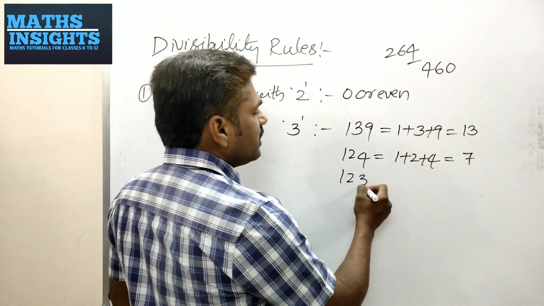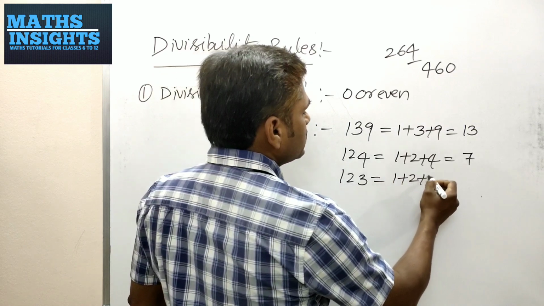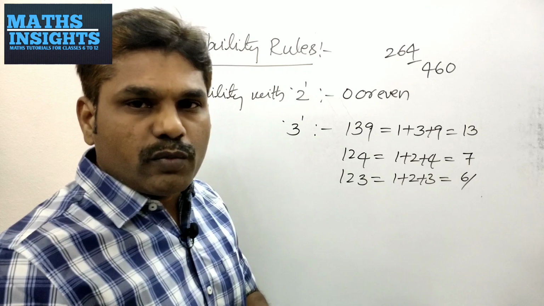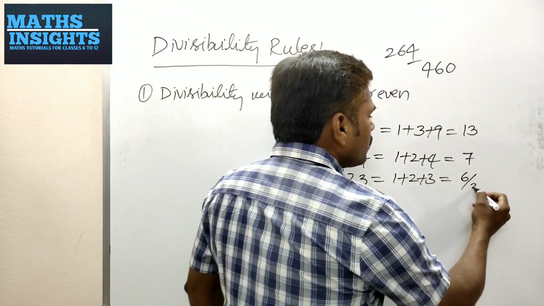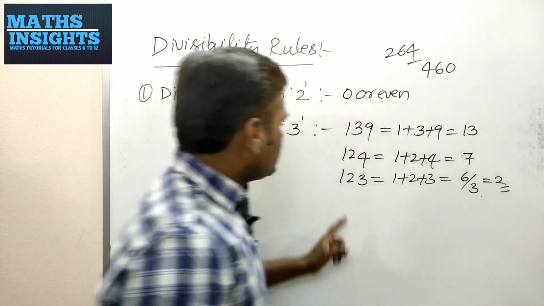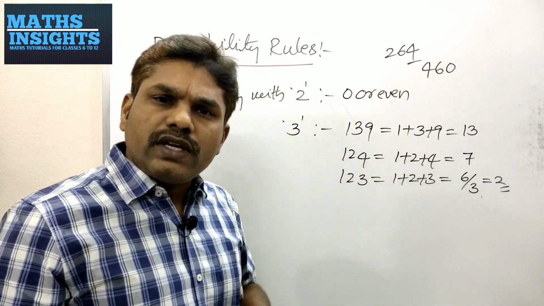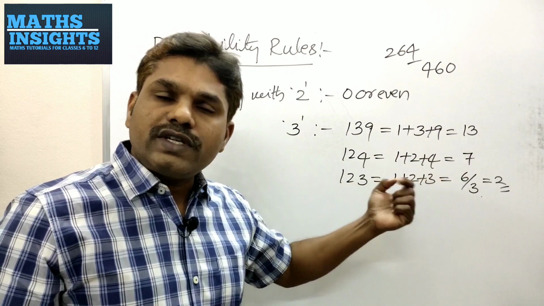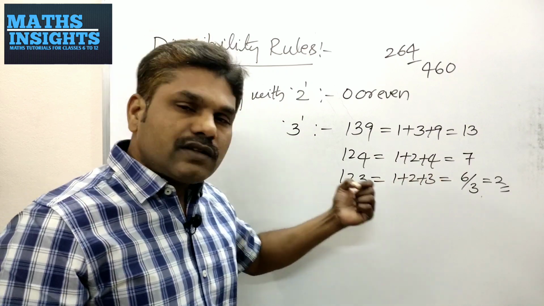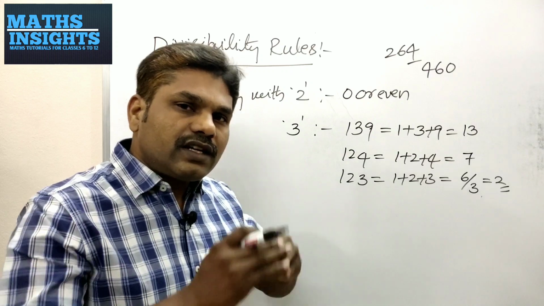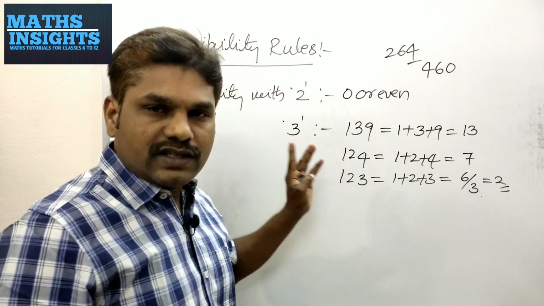If you take 123, that is 1 plus 2 plus 3, that is 6, which is exactly divisible by 3. Therefore, you will say that this 123 is divisible by 3. Whatever the number may be, you have to add all those digits and check whether the sum is divisible by 3. If it divides exactly, then that whole number is divisible by 3 exactly.